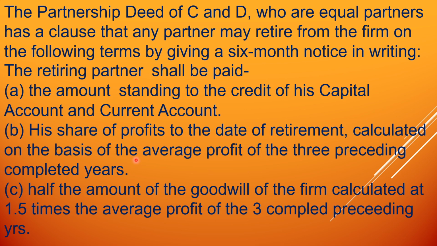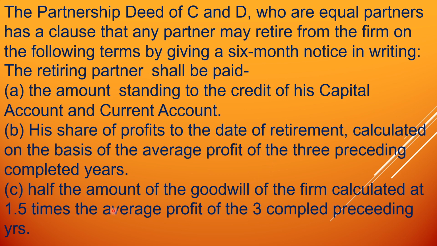At the date of retirement, the profit will be calculated on the basis of the average profit of the last 3 completed preceding years, and the 3-year profit will be given in this problem. So this is the second clause. The first clause is the total capital balance as well as current account balance. The second clause is the up-to-date share of profit, calculated from the last 3-year average profit.